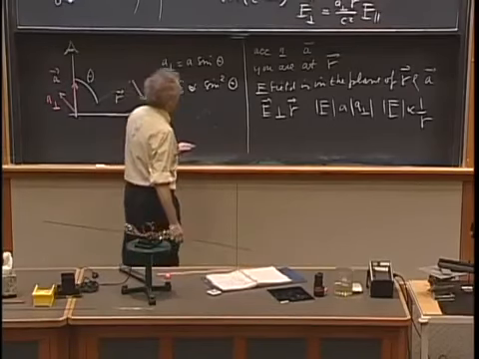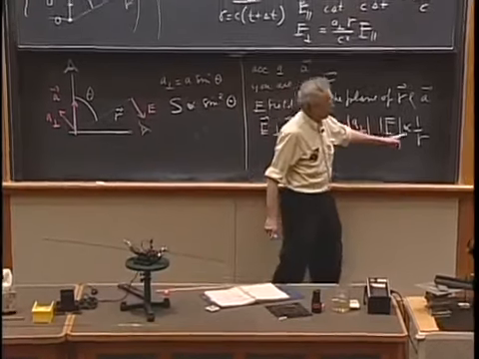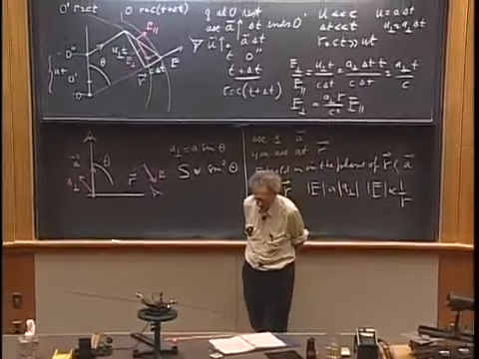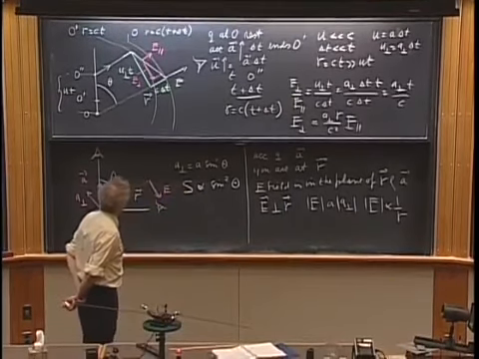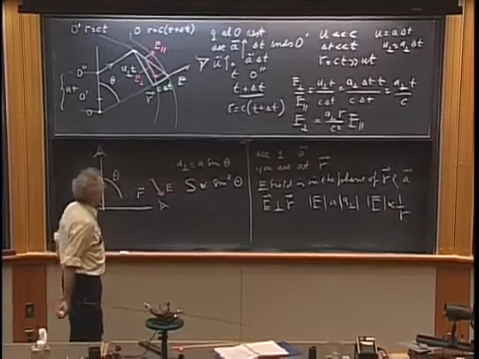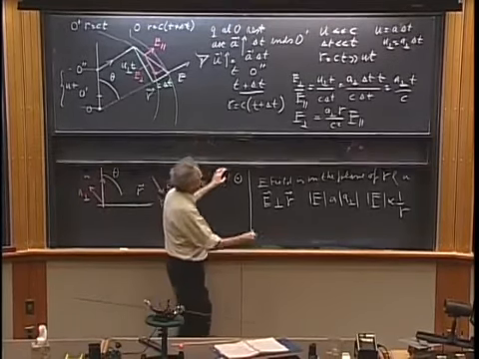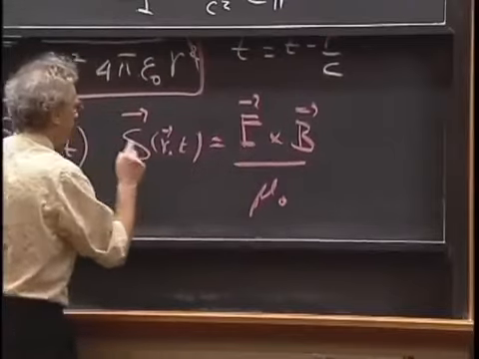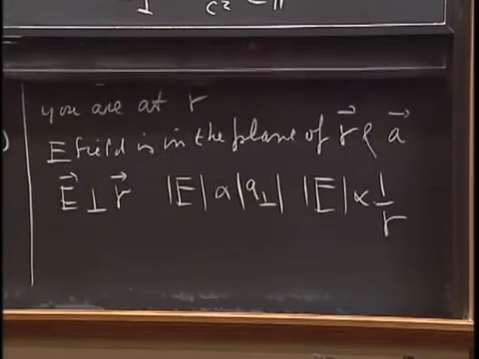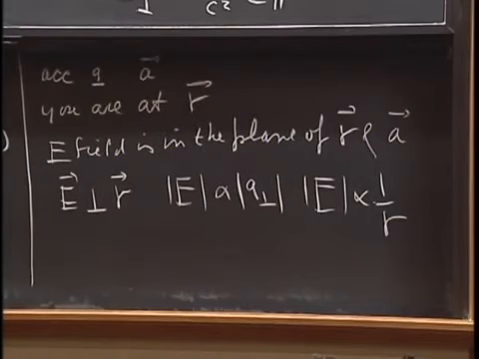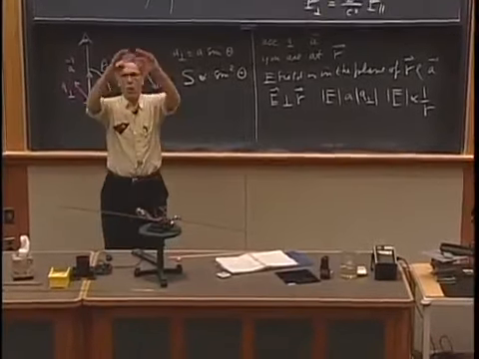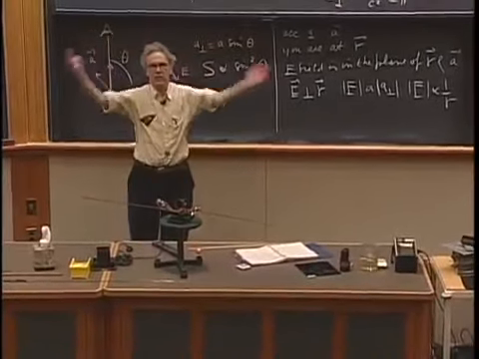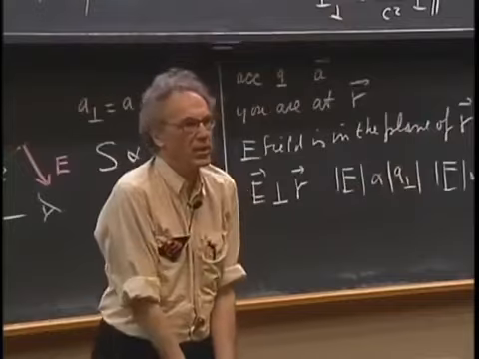The 1 over R is an obvious thing. It's a consequence of the conservation of energy, because the Poynting vector is proportional to E cross B. So the Poynting vector is proportional to E squared. So imagine now that you have a sphere with radius R, and you want to know all the energy that flows through that sphere. So you have to integrate over the entire sphere.